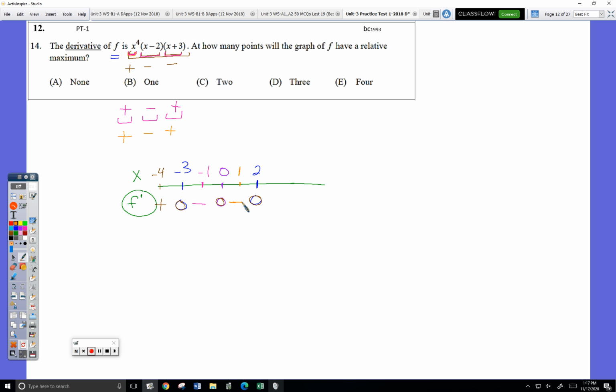And then 3. First factor, positive. Second factor, positive. Third factor, positive. The correct answer, Isaac, is? 1. And what is the x-coordinate where f has a relative max? Negative 3. Perfect.